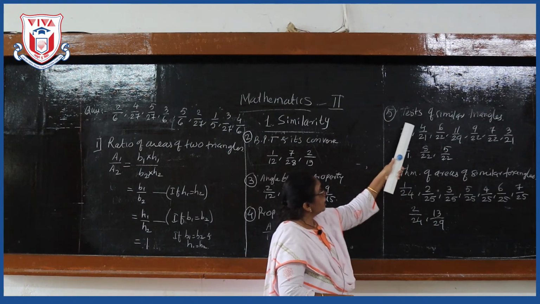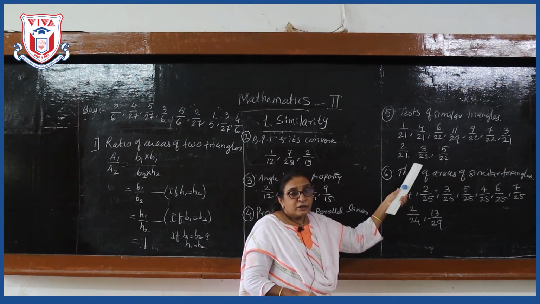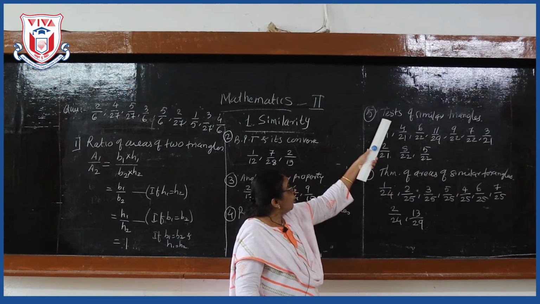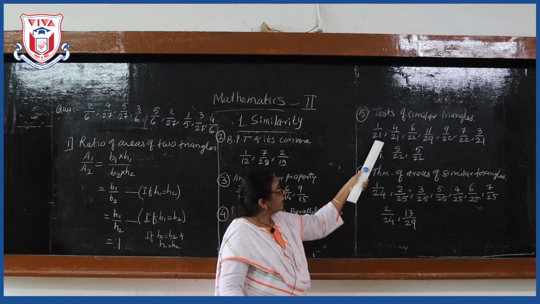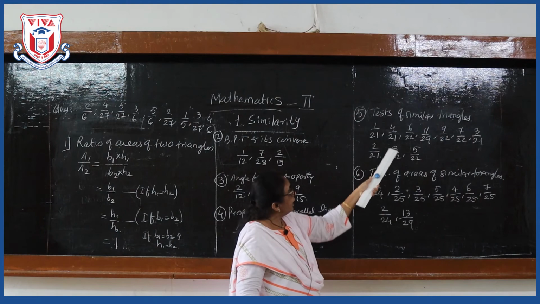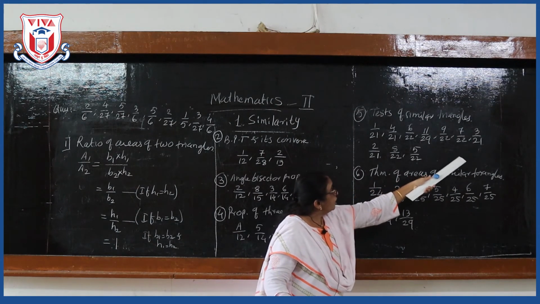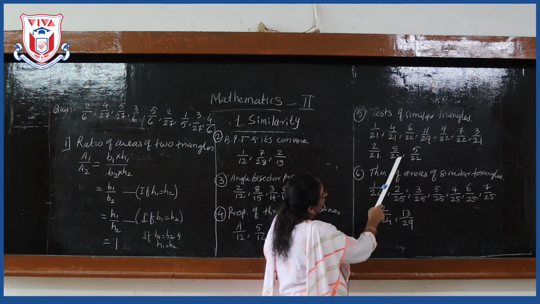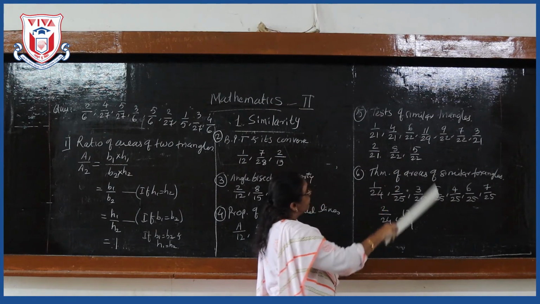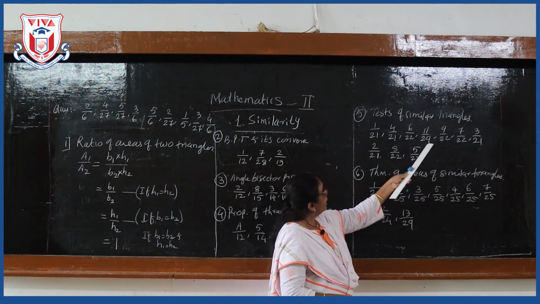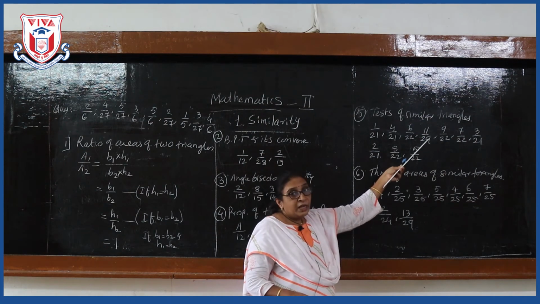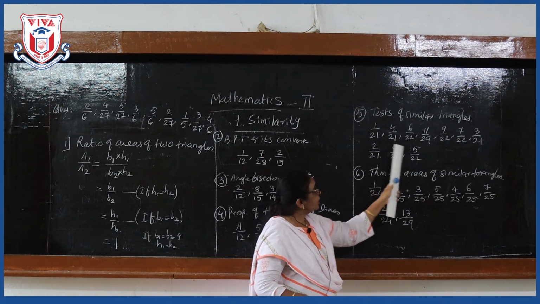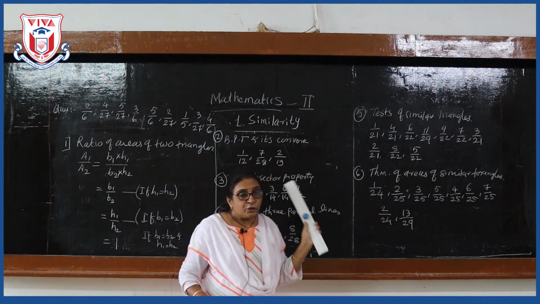Then, test of similar triangles. So many examples are based on this test of similar triangles. See here, on page number 21 alone, there are 4 sums. Page number 22, 1, 2, 3, 4 sums, and page number 29, again 1 sum, the 11th sum is given. So you just check those and solve them together.